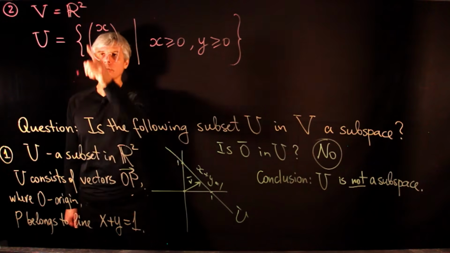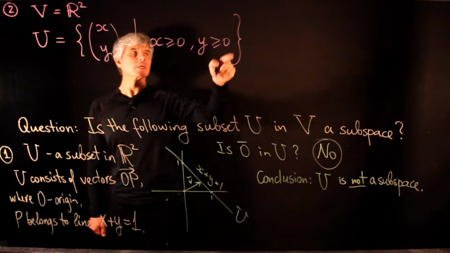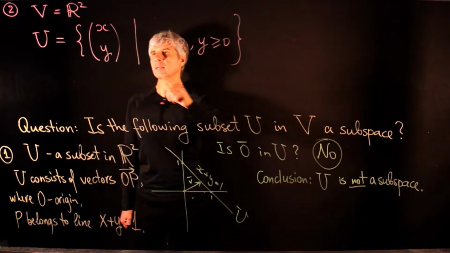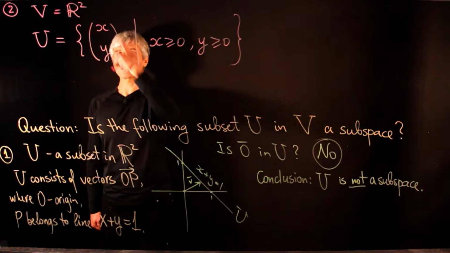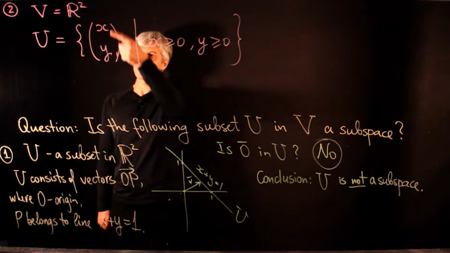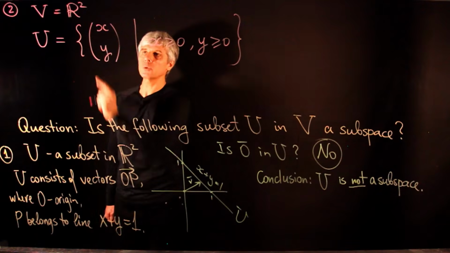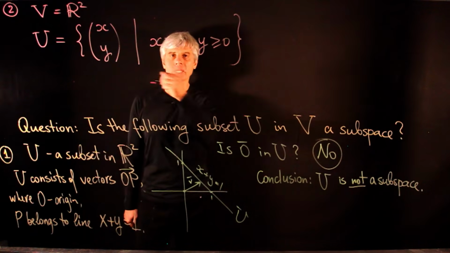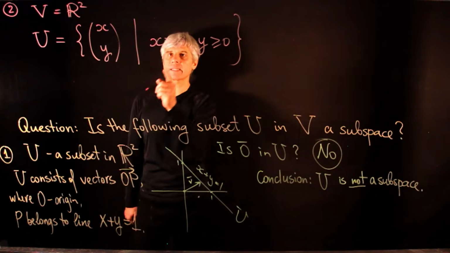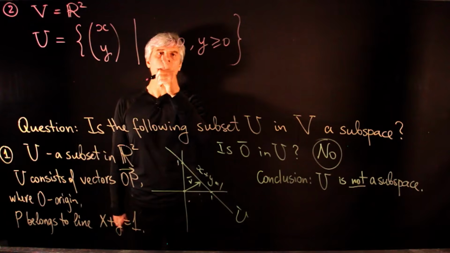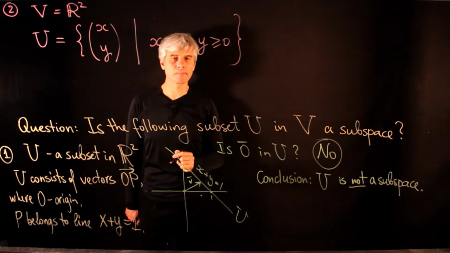Let's just recall that these curly parentheses mean that we're forming a set. Before the vertical bar, we write down what the objects of this set are. So these are two-component vectors from R2, x, y. And after the vertical bar, we write down the defining properties of this set. So we take only vectors with non-negative components.